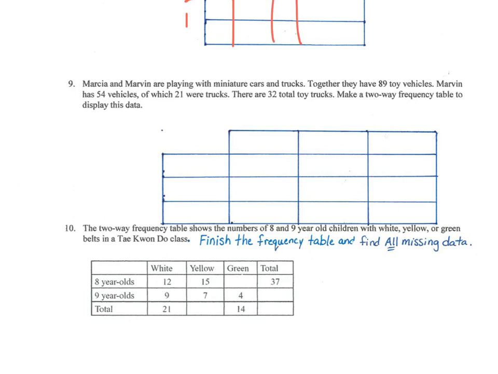Okay, Marcy and Marvin are playing with miniature cars and trucks. Together they have 89 toy vehicles. Marvin has 54, of which 21 are trucks. There are 32 total toy trucks. Make a two-way frequency table to display the data.